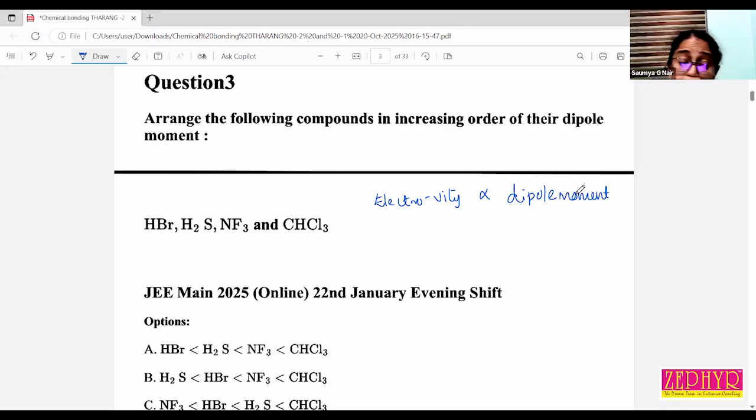And bent molecules have larger dipole moment than linear.